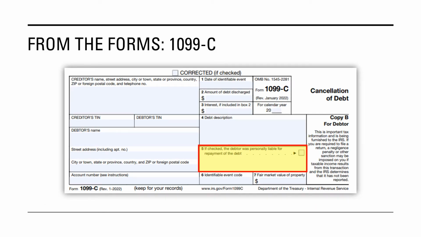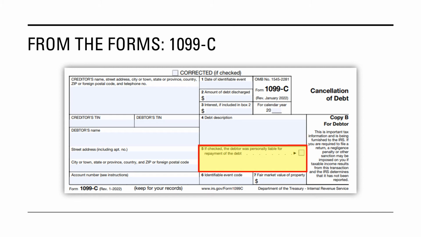And this is the 1099-C, and this talks about the cancellation of debt. And here again in box 5, we have a place where it can be checked if the debtor was personally liable. Is this a recourse type of loan? And you'll see in box 1, again, there's a date. Box 2 is the amount of debt discharged. And then there are some other boxes. Box 3 puts us out of scope if a taxpayer comes in with an amount in box 3.